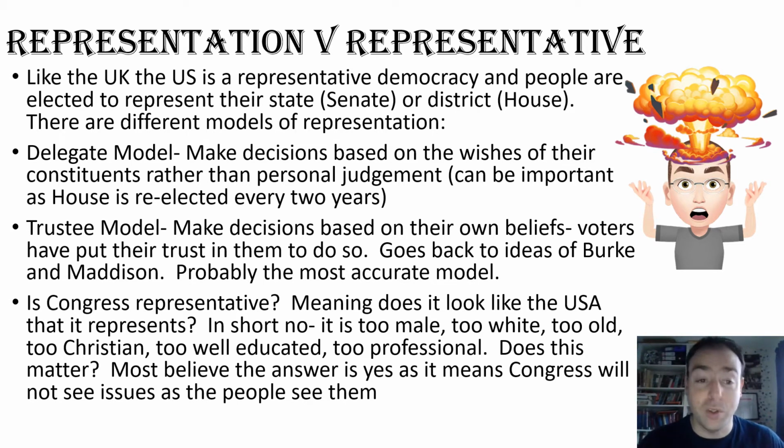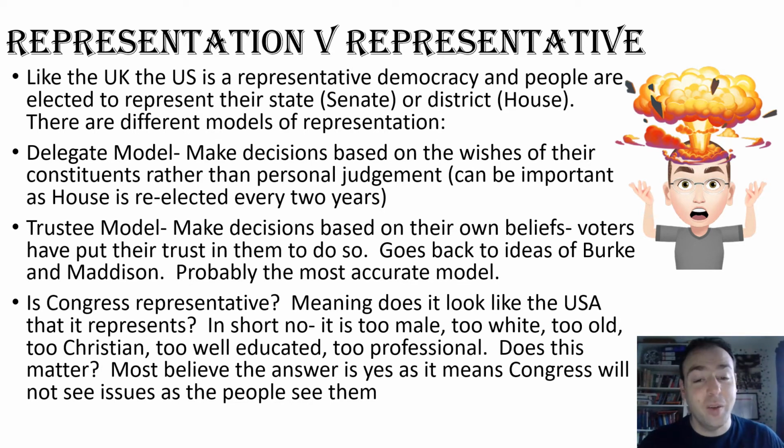If you don't, to some extent, use the delegate model and put across the wishes of your constituents, then there's a good chance you won't get elected again, because with such a short time in office, it's very clear whether you have or haven't stuck to what the people wanted you to do.